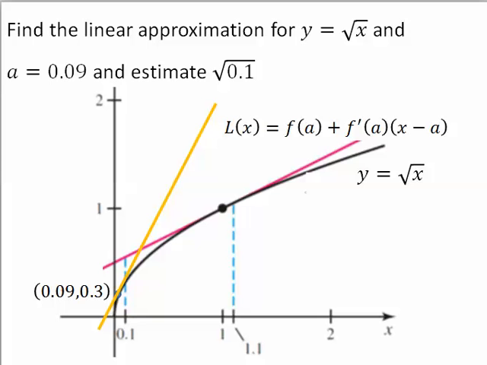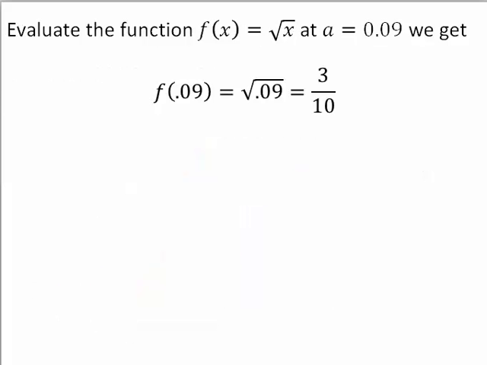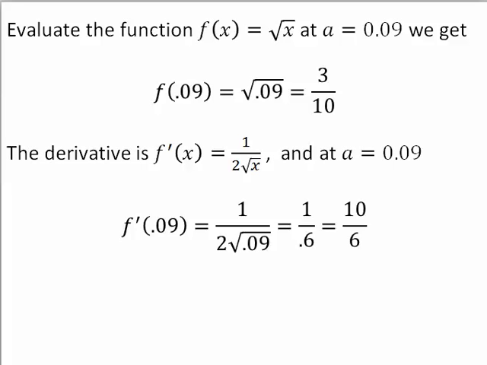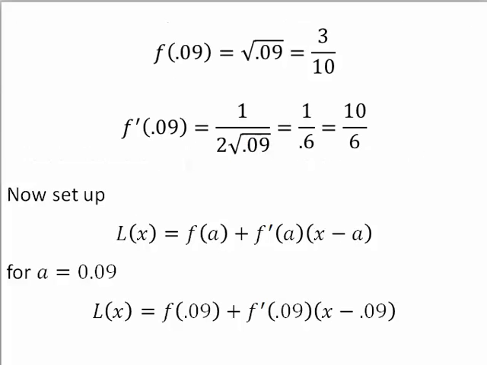We've already done this once before. First let's evaluate the function at 0.09. So we've got 3/10. And then let's evaluate the derivative at 0.09 and we get 10/6. Set up the new linear approximation.